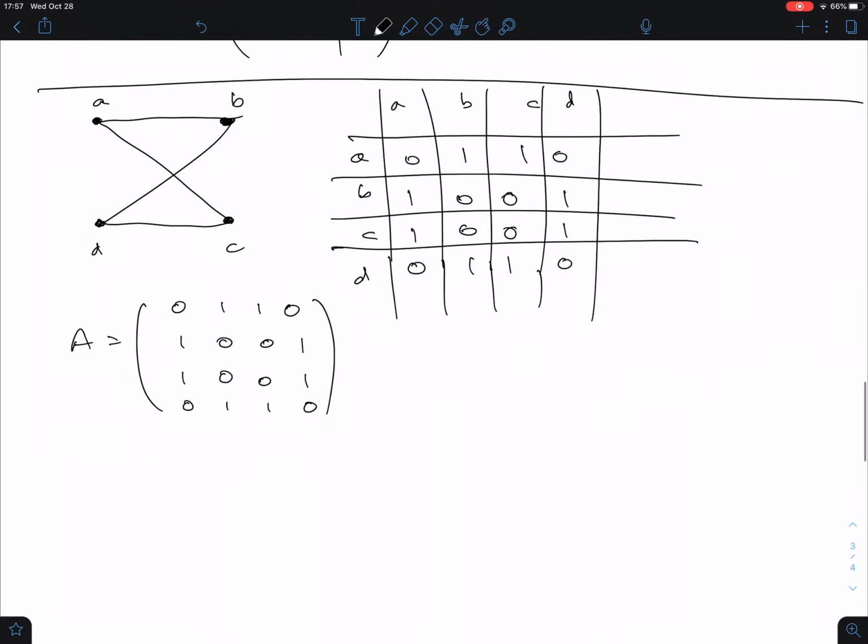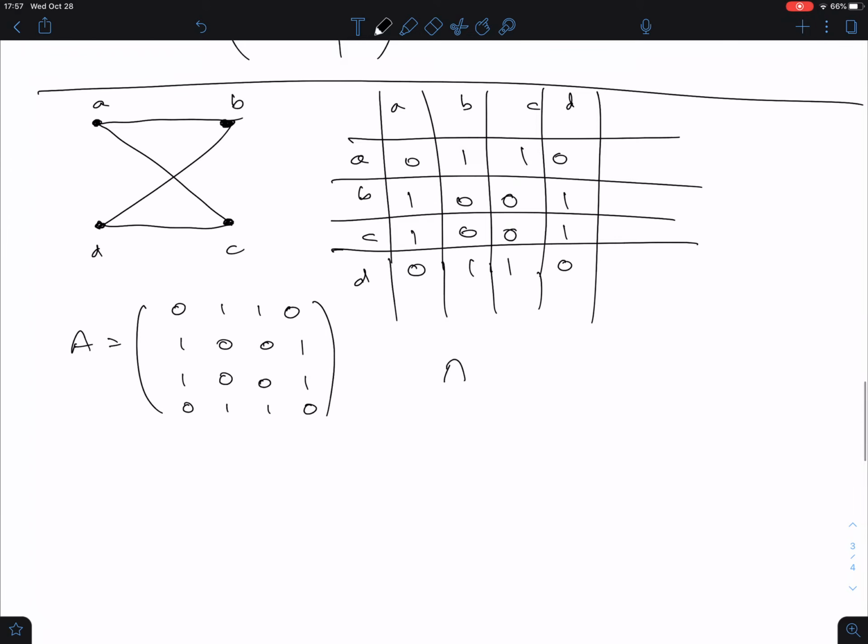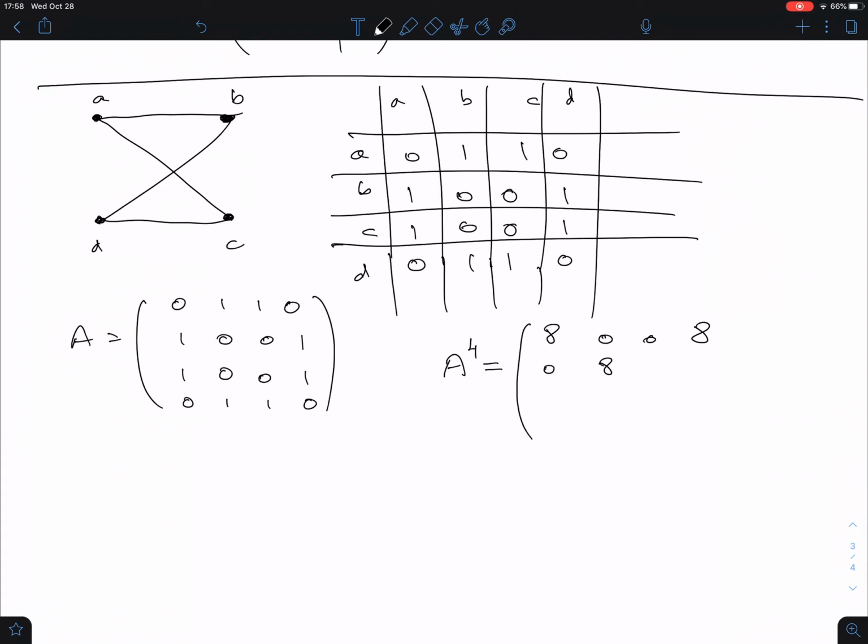I'm going to show you later how to do this, but let me just take this from the textbook. They say, okay, we have calculated for you A to the fourth. I'll do other examples, but for now I want to first explain what these numbers mean. A to the fourth looks like this. We will double check it later, but for now just trust me.